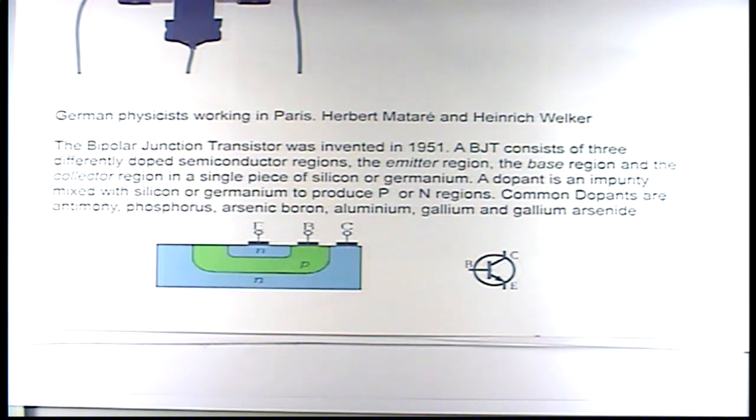You basically take a complete piece of a semiconductor material like silicon or germanium, and then you introduce a dopant. So you can have the same piece of material, but you can inject a dopant into different regions and create a transistor that is much more stable because it's one piece of material. And so it came out in 1951, and a bipolar junction transistor, sometimes called a BJT, consists of three differently doped regions: the emitter, the base, and the collector.